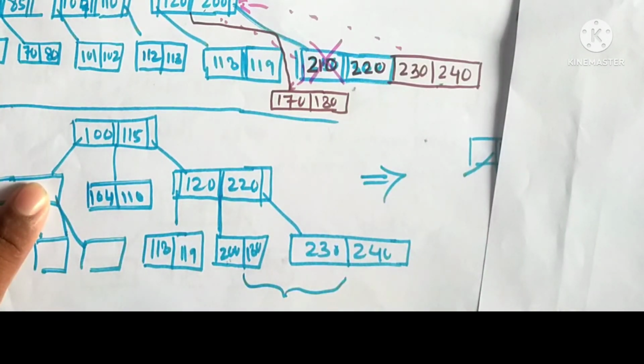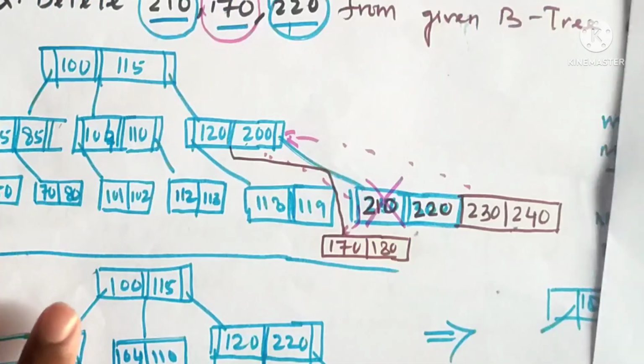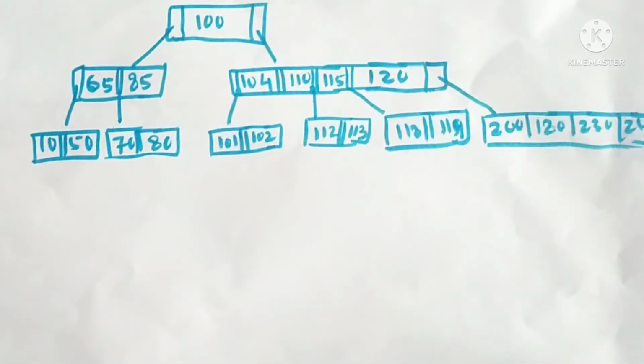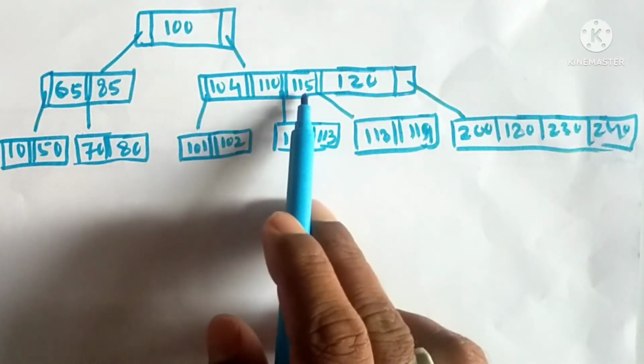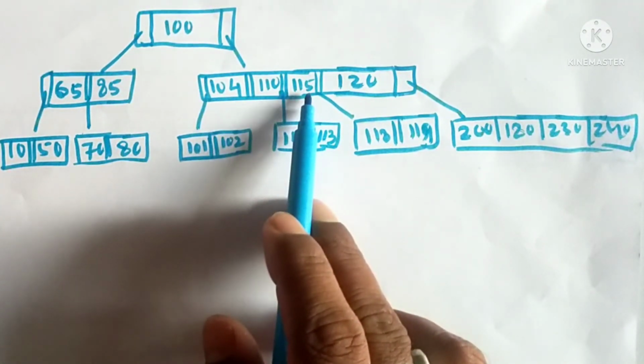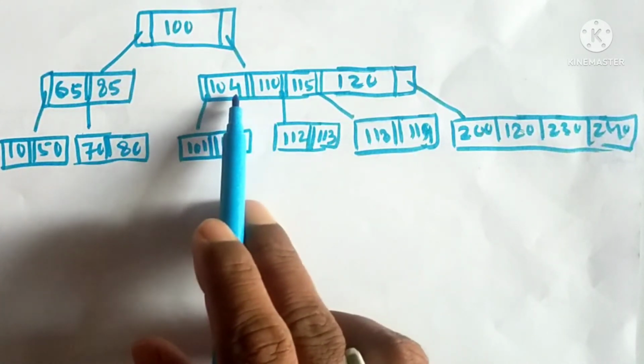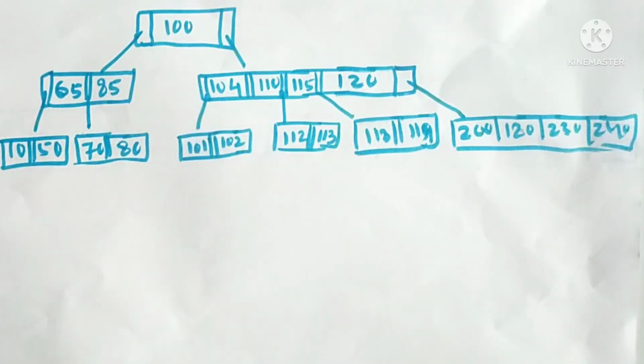After merging, the tree looks this way. So here we have merged 115 and the sibling values 104 and 110, and 220 is deleted from the given B tree. So this is the final B tree after deletion of the 3 elements.